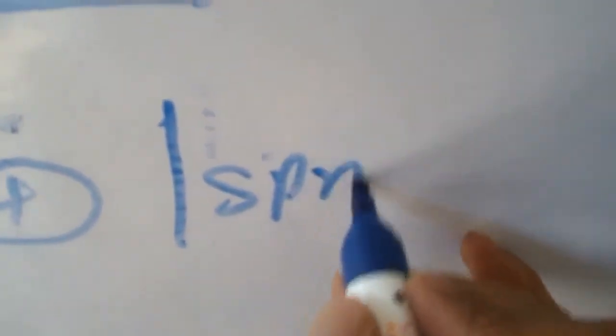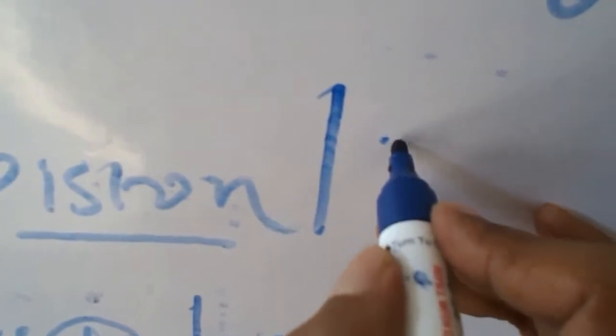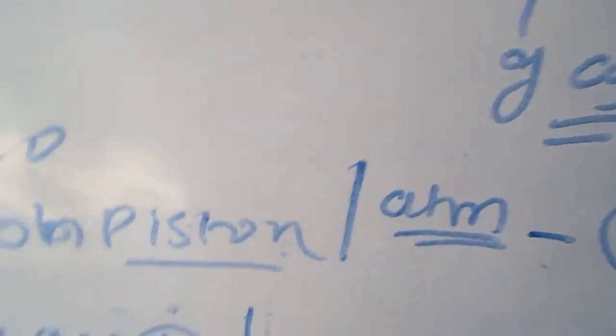And work done by atmosphere, look at the force, this is the pressure by atmosphere. So it is negative, because this is the direction of displacement.